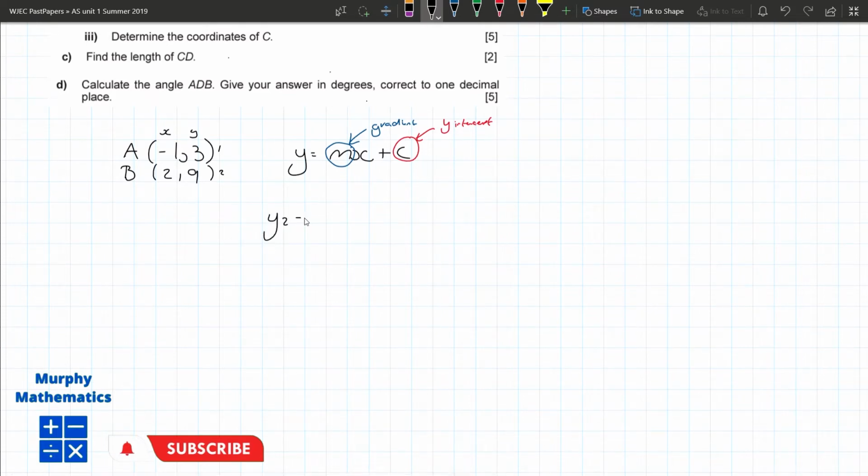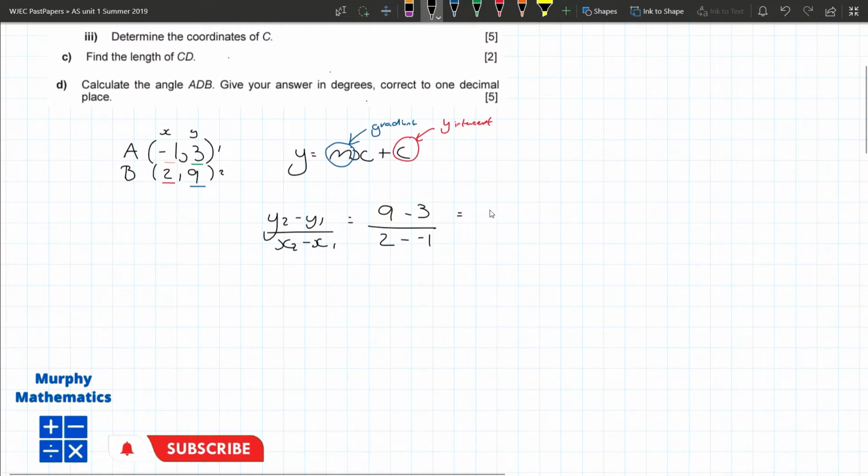For y2 we have 9, minus, for y1 we have 3, so 9 minus 3 all over, for x2 we have 2, minus, and for x1 we have minus 1.